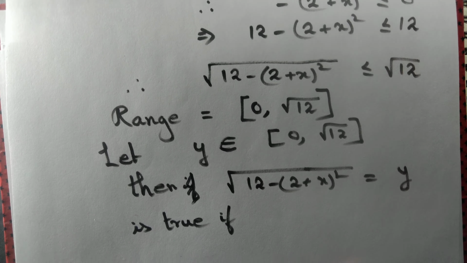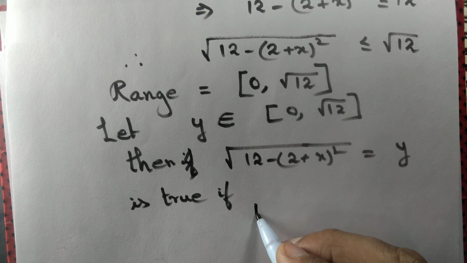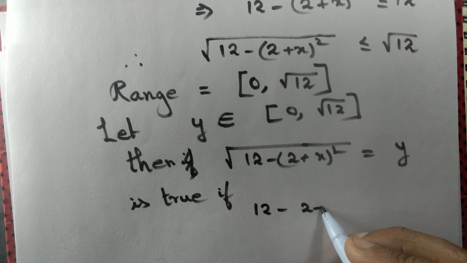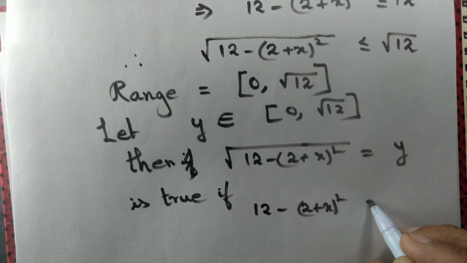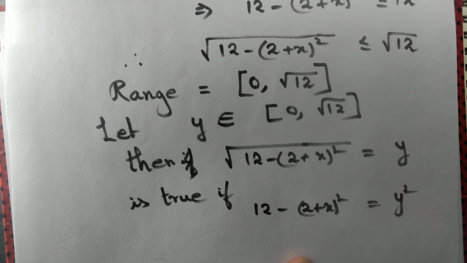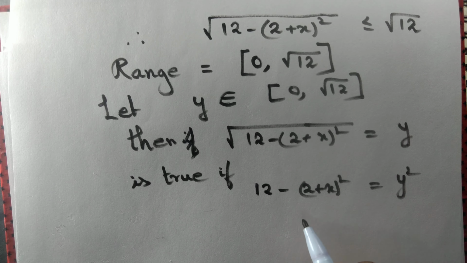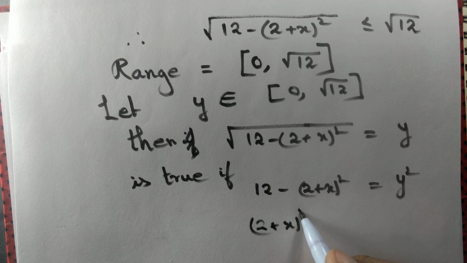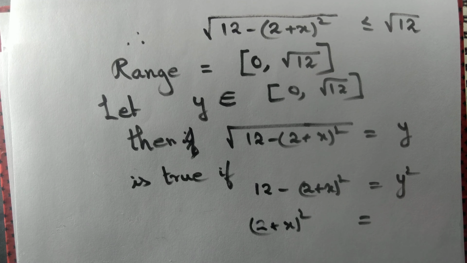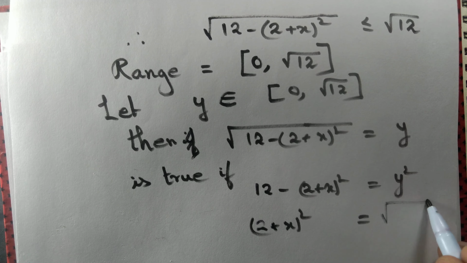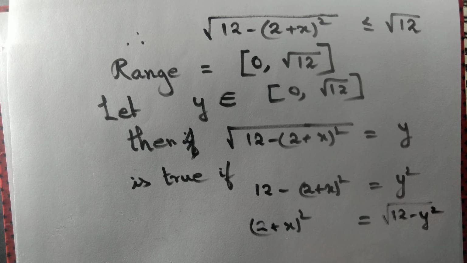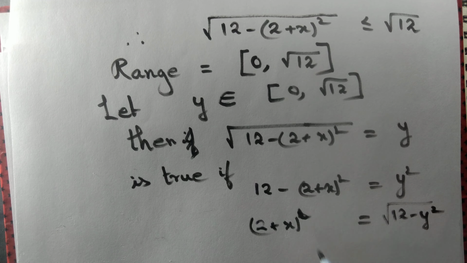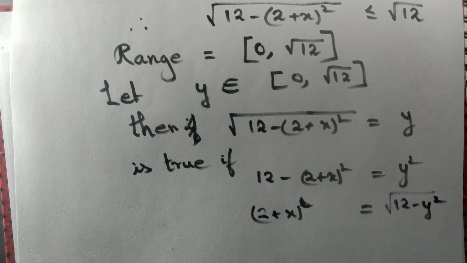this is true if 12 minus (2 plus x) whole thing square equal to y square, or rather (2 plus x) whole thing square equal to 12 minus y square, so 2 plus x equal to root over 12 minus y square.